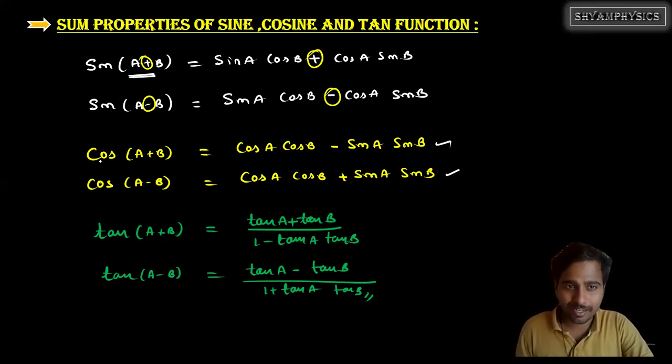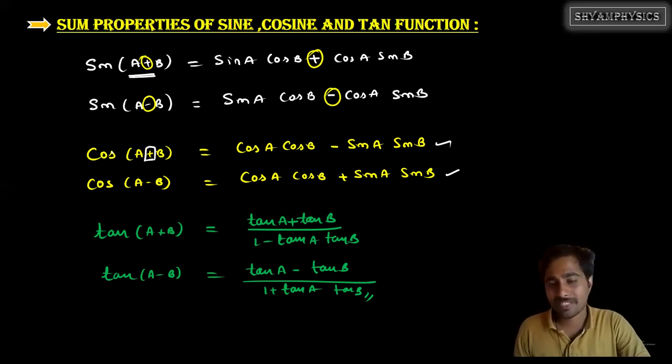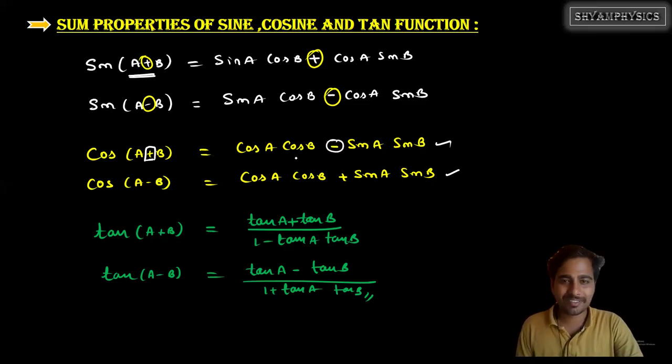One logic I will tell. Cos of a plus b, here plus is there. First thing I told, when cos is there, it will become the cos product only. Cos a cos b is nothing but theta 1 and theta 2. No need to worry about that. If it is plus, here it will become minus sin a sin b.